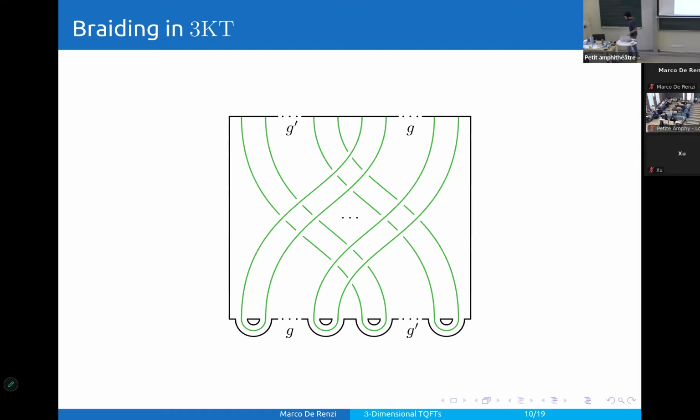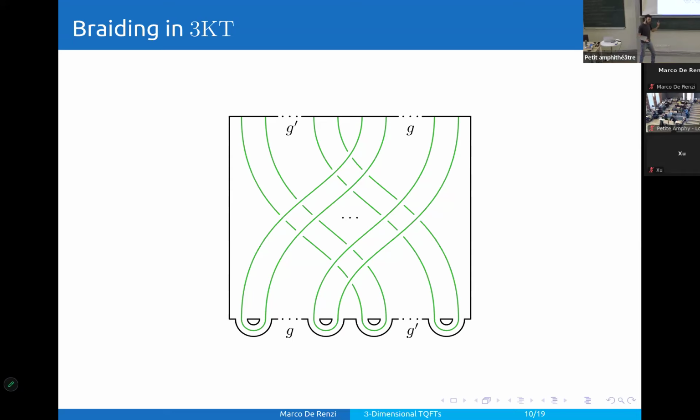And what I can show you now with these pictures is a result by Kerler and Yetter, maybe by just Yetter originally, which is the fact that the surface of genus 1 with one boundary component is a Hopf algebra in the Crane-Yetter cobordism category.